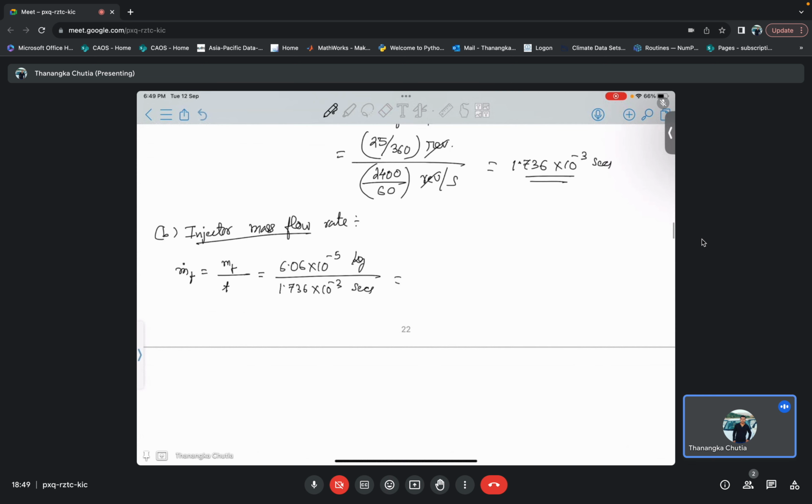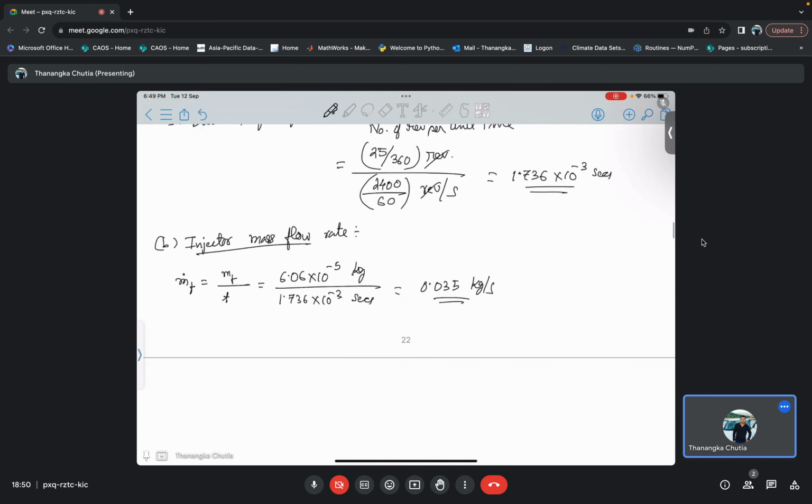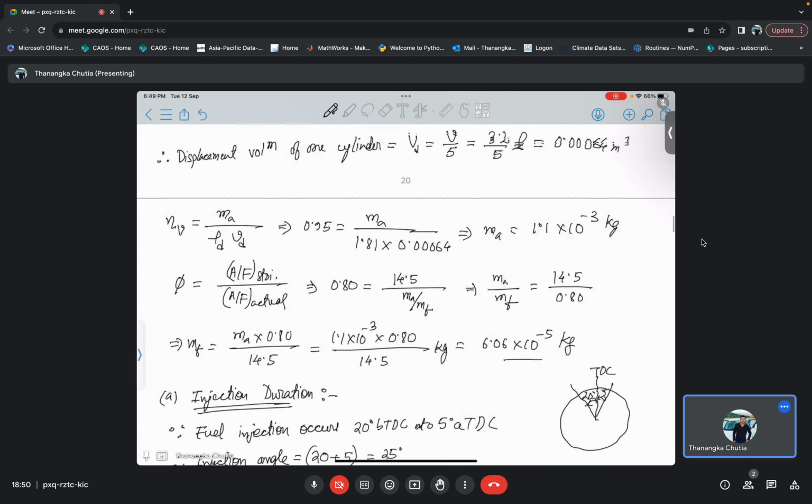So 6.06 into 10 to the power minus 5 divided by 1.736 into 10 to the power minus 3 gives 0.035 kg per second. So this is your injector mass flow rate.